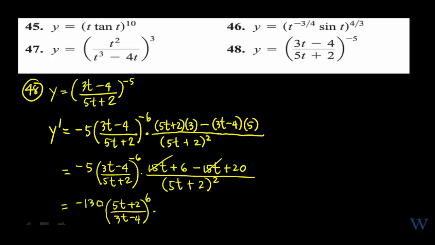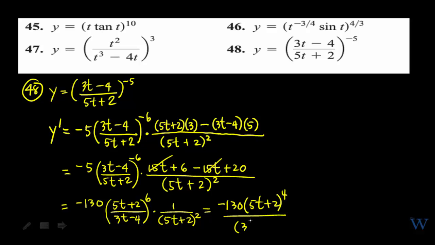Multiplied by, remember I put the 26 in the front, so this is just 1 over 5t plus 2 whole thing squared. And look at what's the final answer. Well, there's an exponent of 2 here and there's 6 here, so you have a negative 130 times 5t plus 2 raised to what? 4th power divided by 3t minus 4 raised to the 6.